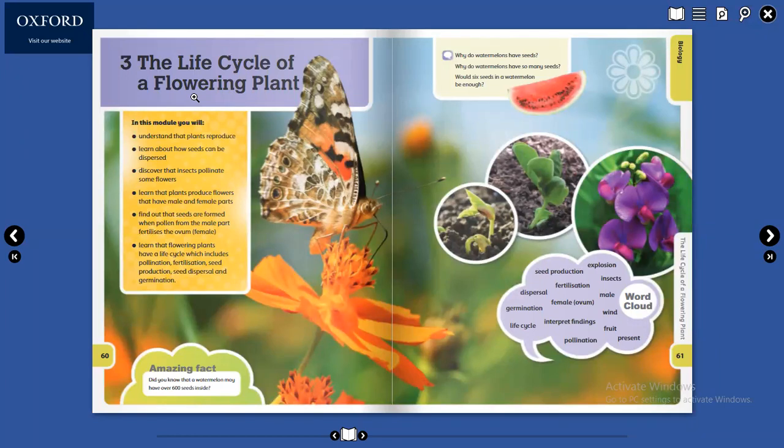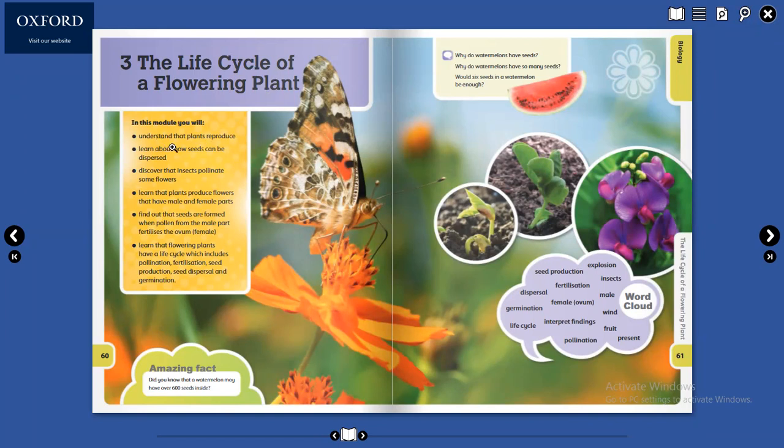Maybe you have studied the life cycle of a human, okay, but in this we will discuss the flowering plant. As you can see, flowering plant, the name shows we will discuss plants. They have flowers, okay.